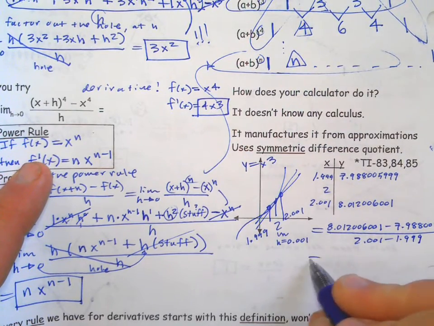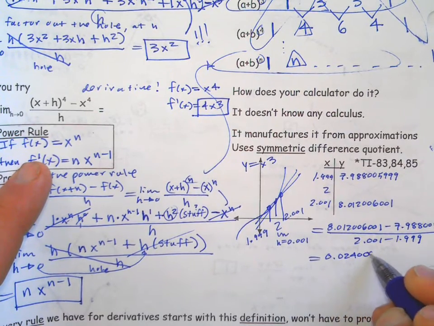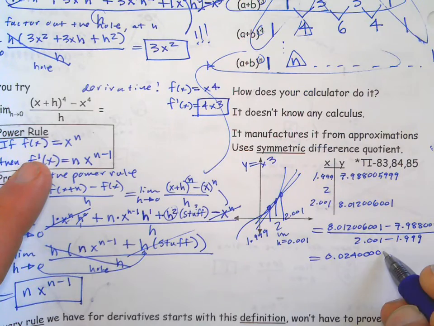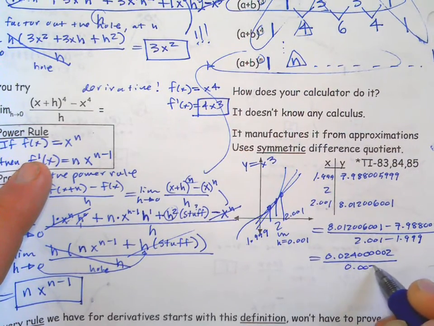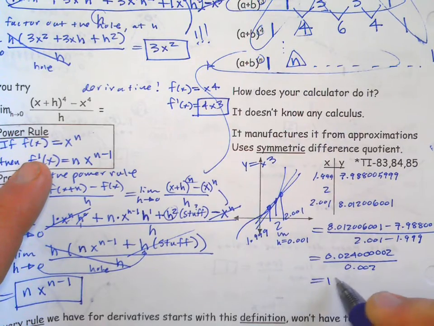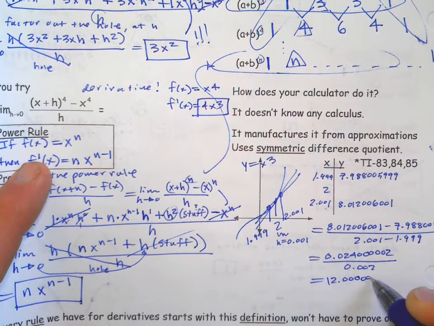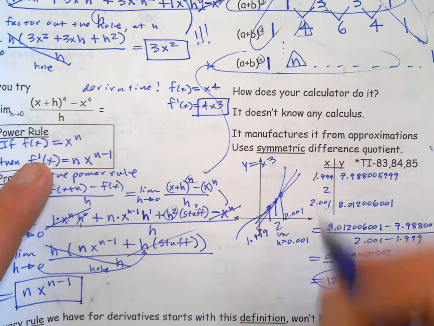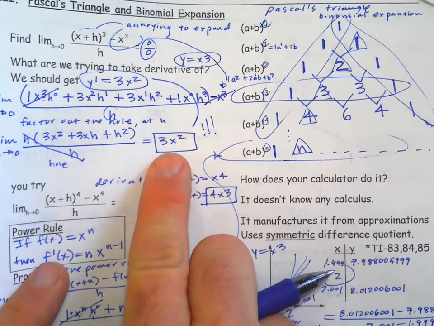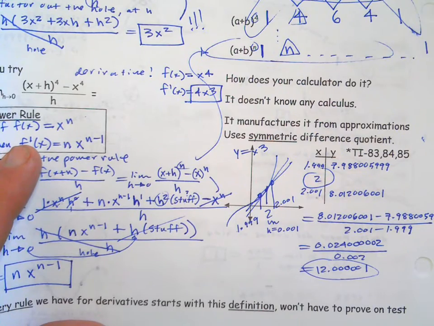And so then it gets 0.024000002 over 0.002. And it gets 12.000001, which is pretty good. Now, this would be the derivative at 2, which the exact answer would be 12, right? It's not perfect, but it's pretty close.